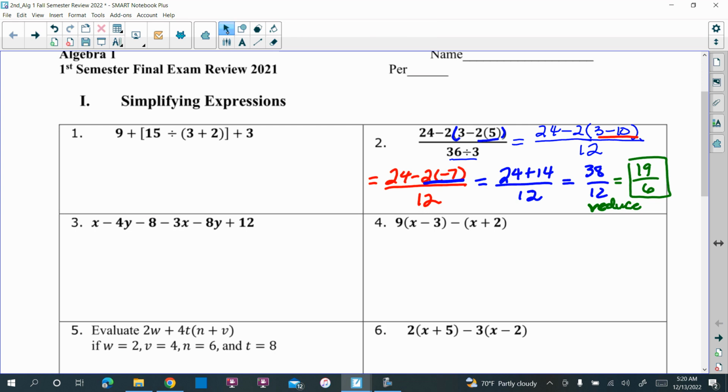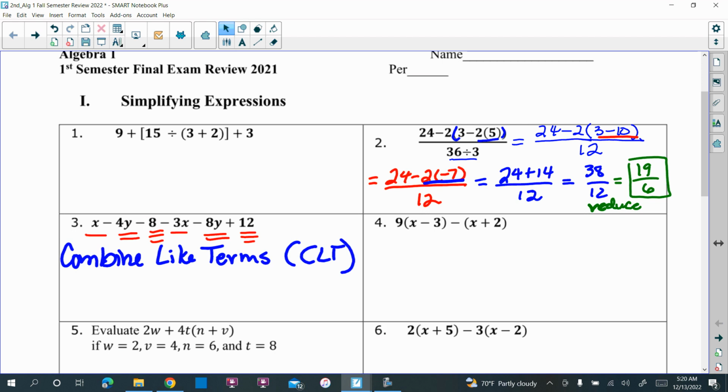On number 3, or basically this next section, 3 through 7, you need to remember to combine like terms. Number 3 is straight into combining like terms, our CLT. I've underlined or double underlined or triple underlined the terms that are in common. So I start with our x's. When you combine like terms, make sure you keep it in alphabetical order. That's standard form.